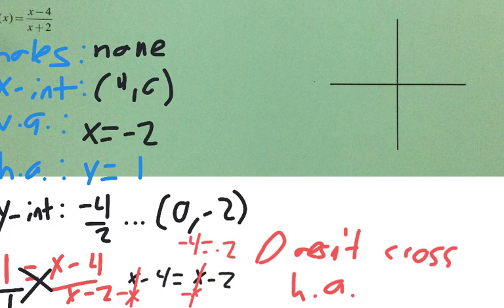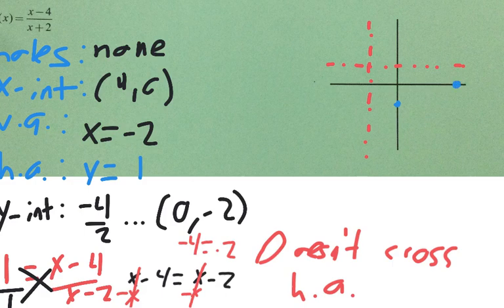So the horizontal asymptote is at y equals 1. There, I'm drawing that. The vertical asymptote is at x equals negative 2. Here I am drawing that. I have a y-intercept at negative 2. That means the graph is going to cross here. I have an x-intercept at 4, 0.